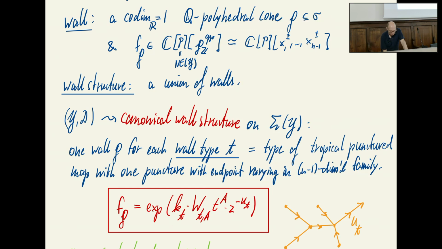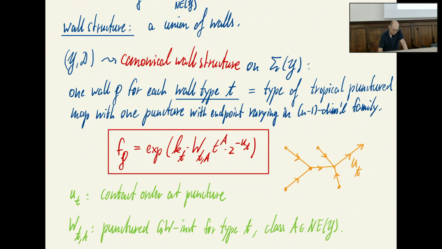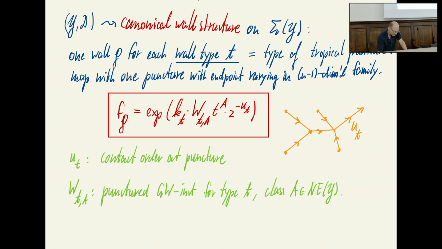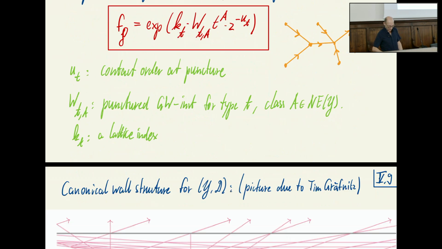And then there's some lattice index coming up, K_T. I forgot to write this. K_T, a lattice index that has to do with the tropical evaluation map. Okay, a tropical lattice index. So this is what your wall function is. And you take all of them, that gives a wall structure. Okay, big deal. Why would you do that?